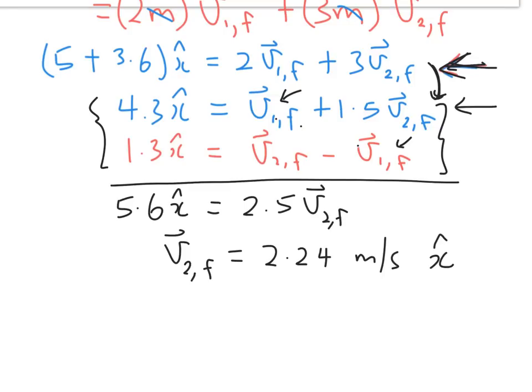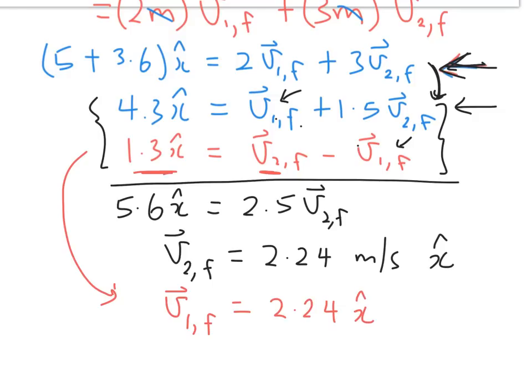Now, once I have this, I can use either equation to figure out the other unknown, v sub 1f. So let me use this equation. I'm going to bring v sub 1f to the left-hand side. So minus v sub 1f, brought to the left-hand side, becomes plus. And it's equal to v2f, which I know is 2.24 x-hat.